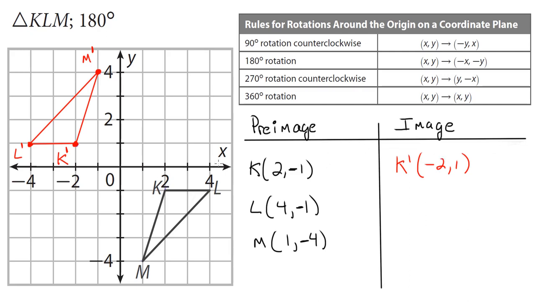L is at (4, -1), and L prime is at (-4, 1). And again, the opposites. And finally M was at (1, -4), and M prime is at (-1, 4). So all 3 points in our rotated image fit the algebraic rule.